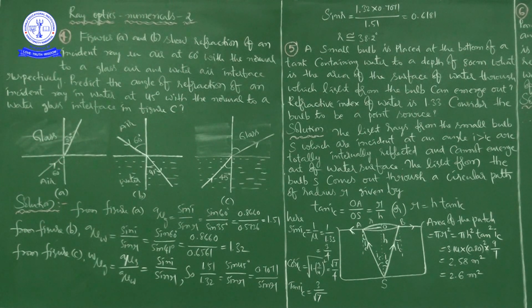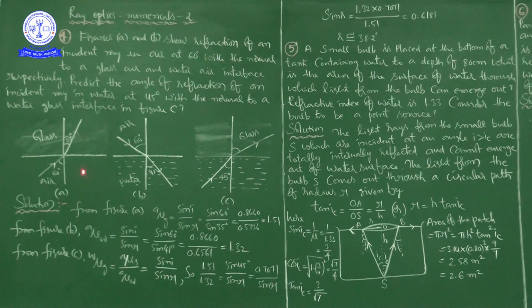When we measure the angle of incidence or angle of refraction, we take the normal as the reference. Here is the normal, the incident ray, the refracted ray. Here it is air and glass, here it is air and water. The ray is going from air to glass in one, and from air to water in the other.